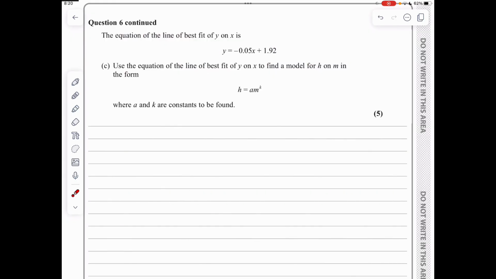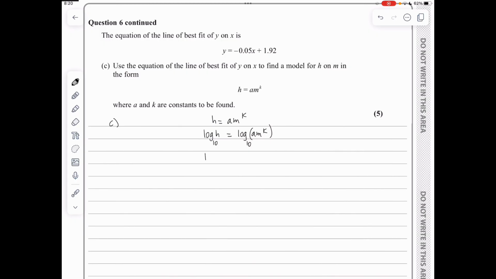Finally, in part C, we are told that we have the line of best fit for Y on X, and we need to use this to find the model for H on M in the form of H is AM to the K, where A and K are constants to be found. Well, I will start by quoting the model here. H is AM to the K. I will take logs of both sides, so log H base 10 is log of AM to the K base 10.